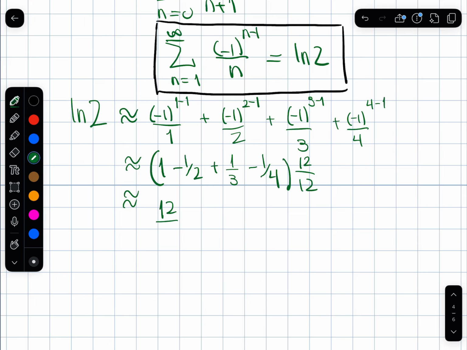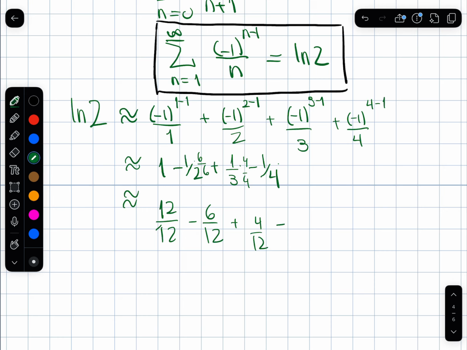So we get 12 over 12 for the 1, minus 6 over 12. I'm not really multiplying by 12 over 12, I'm just using 12 as the common denominator. So this one goes 6 over 6. And this one goes 4 over 4 to give me a 4 over 12.